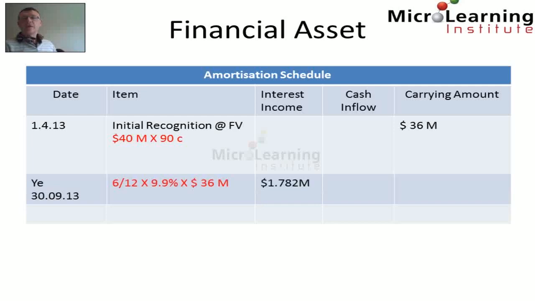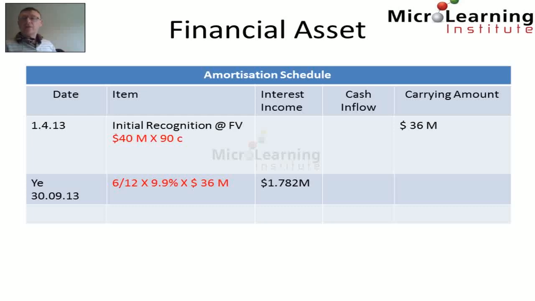Interest for the year ended the 30th of September 2013, which is 6 months later, will be calculated based on the effective interest rate. And of course we're told in the question that the effective interest rate, which is sometimes called the internal rate of return, is 9.9%. So there you can see in the calculation 9.9% of the initially recognized amount of 36 million, calculated for 6/12, which is a 6-month period.